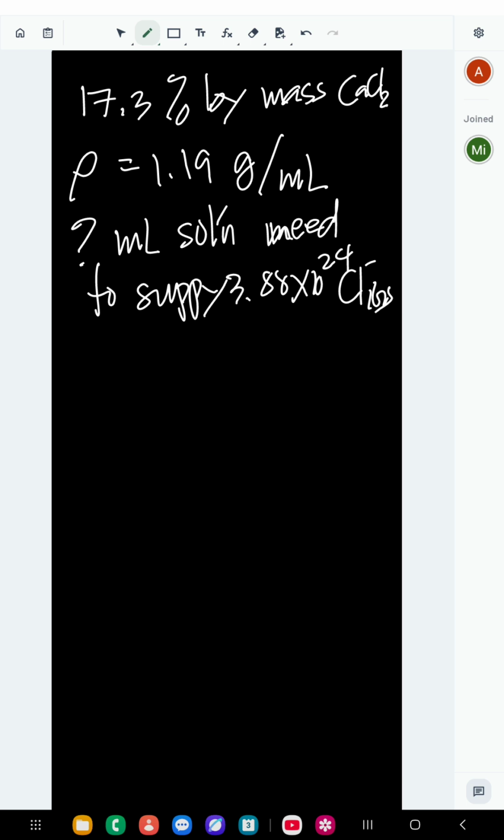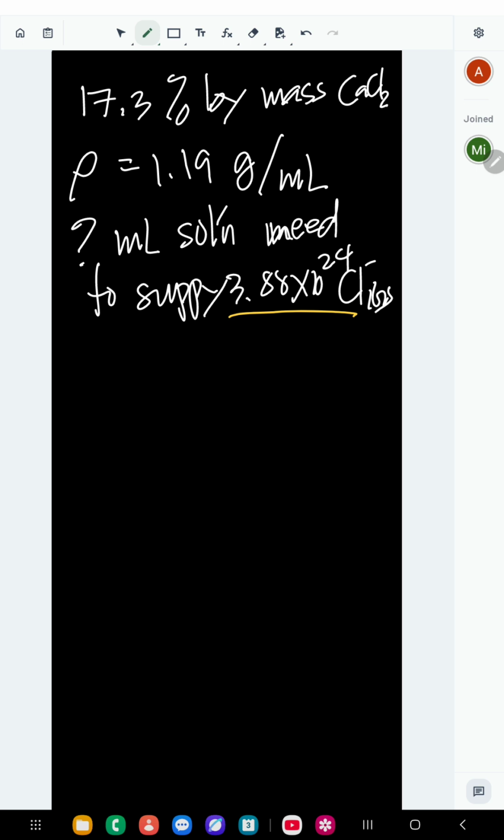And we are asked for the volume of the solution that we need to supply this 3.88 times 10 to the 24 chloride ions. So we can start from the given ions of chlorine.